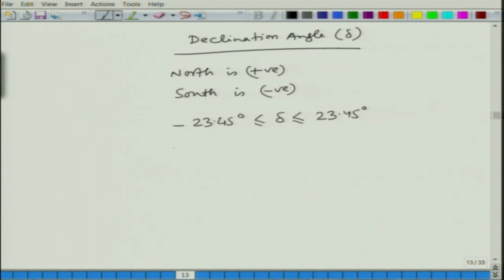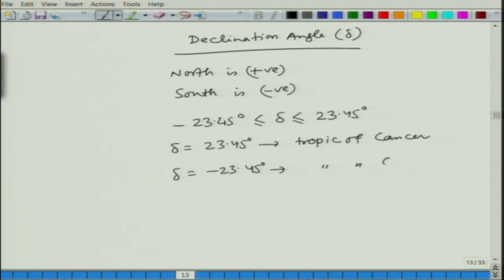When delta is positive 23.45, we call that line the Tropic of Cancer, and when it is negative 23.45 degrees, we call it the Tropic of Capricorn. Within these two tropics, we call it the tropical region.